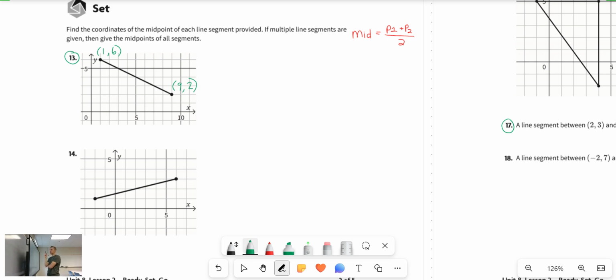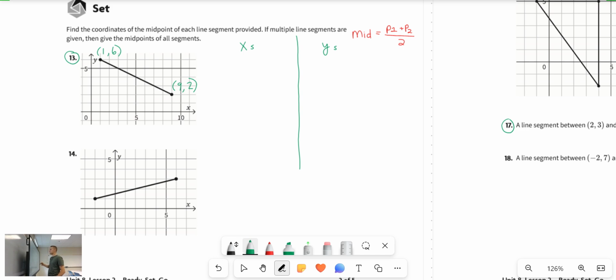So the way that we find a midpoint of a line segment is just by finding the midpoint of the x's and then the midpoint of the y's, or halfway between the two x values, halfway between the two y values. So what we're going to do is split it up and do the x's and the y's separately. So let's do the x's over here and the y's over here, and we're going to split it down the middle.